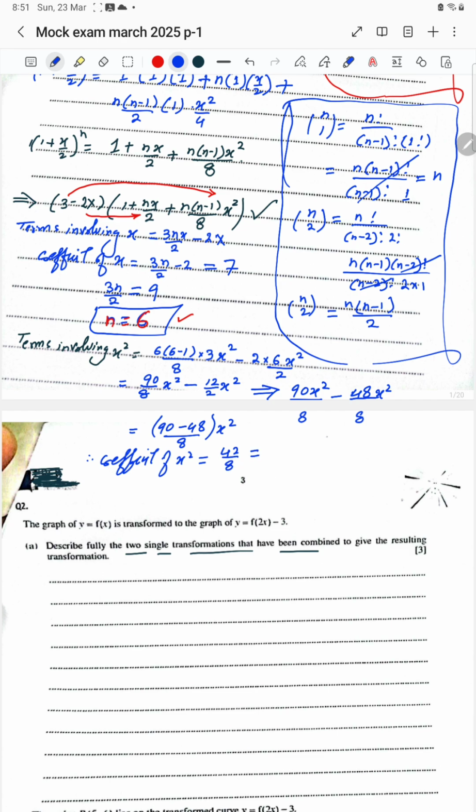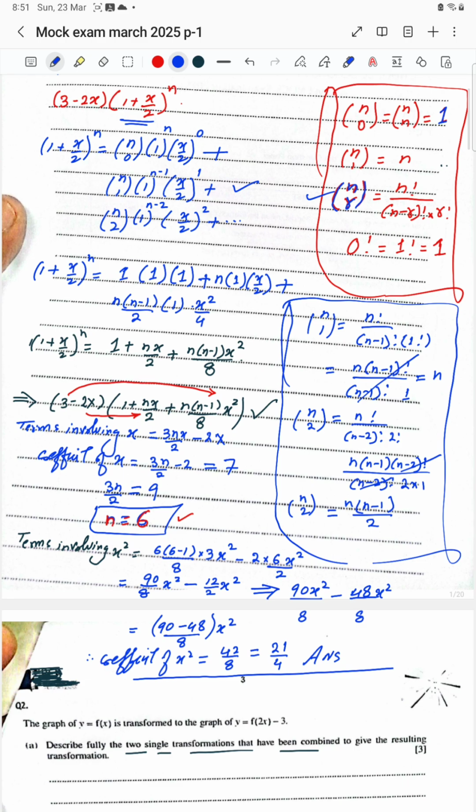If you divide it by 2, it is 21 by 4, so this will be the coefficient of x squared in this question. I hope it is clear. I try to do each and every step, which is helpful for future concepts.